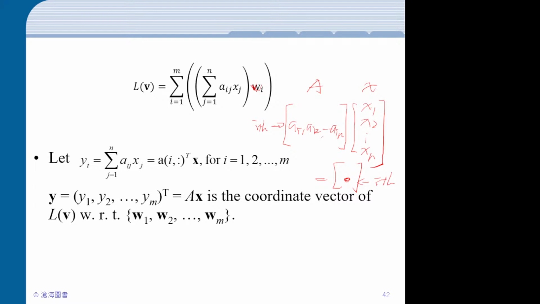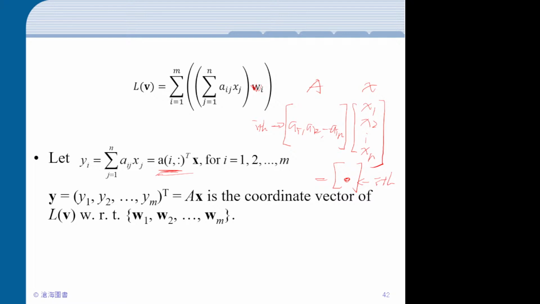We also think of this as the inner product of the ith row with your x vector. So we have this notation to mean the ith row of A. So the ith row of A inner product with your x vector will be the ith element of the output. Okay.